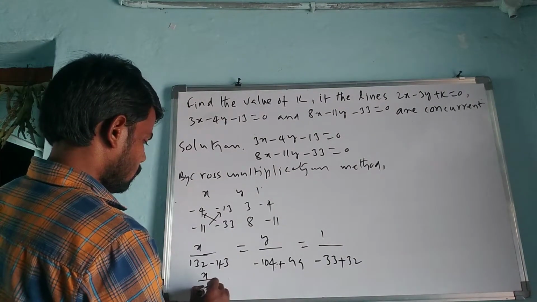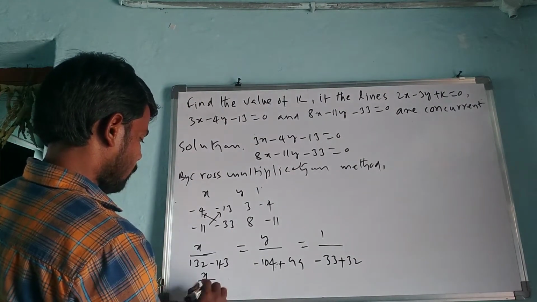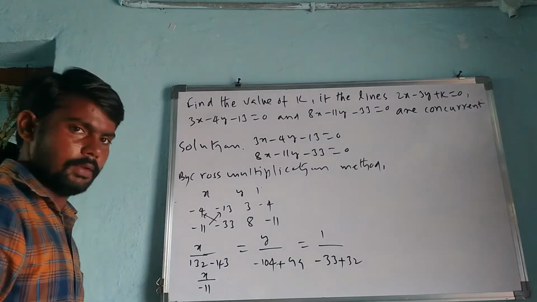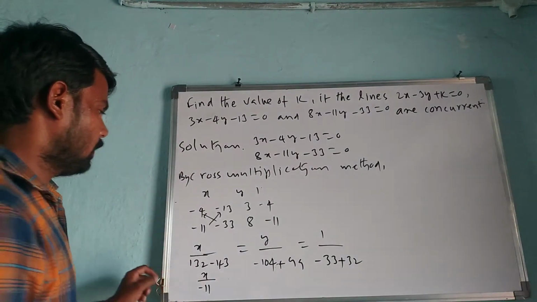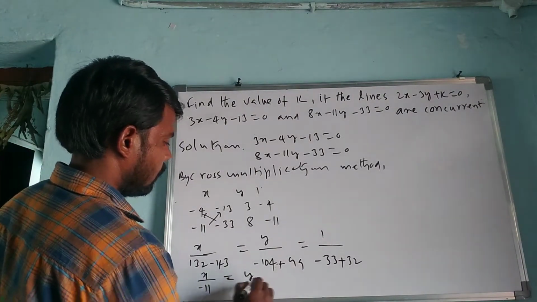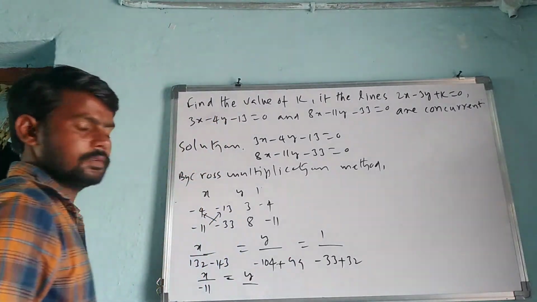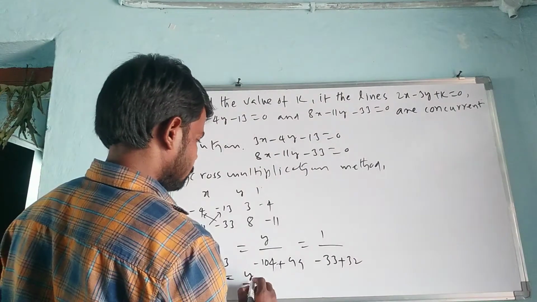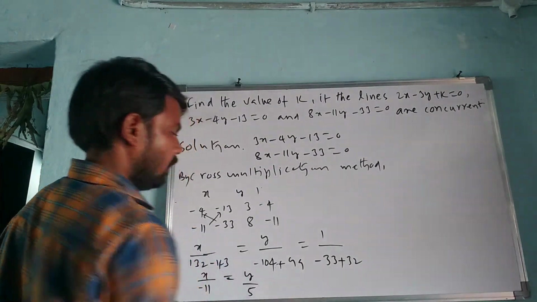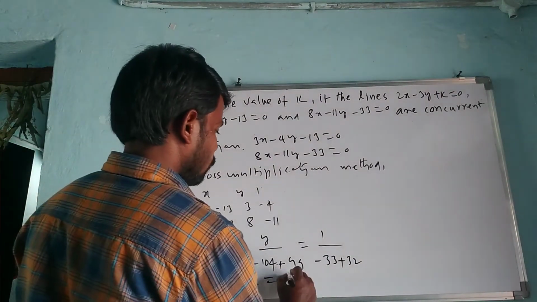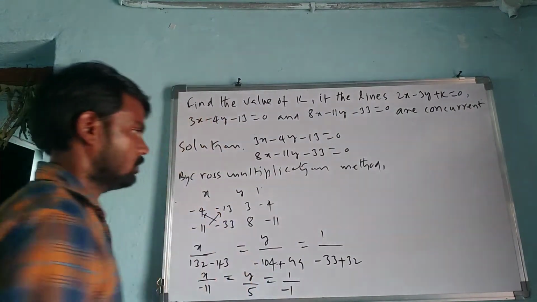Minus 11. So then y by minus 104 plus 99, we have minus 5. That is equal to 1 by minus 1.